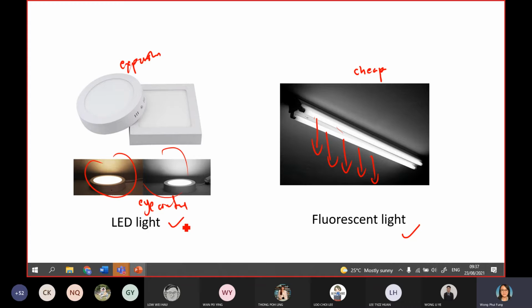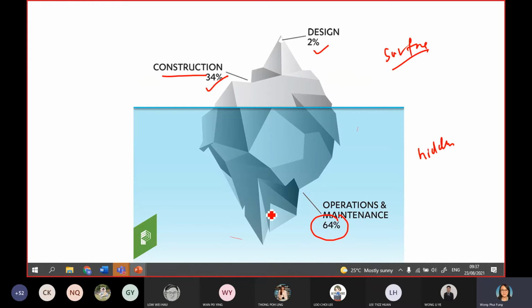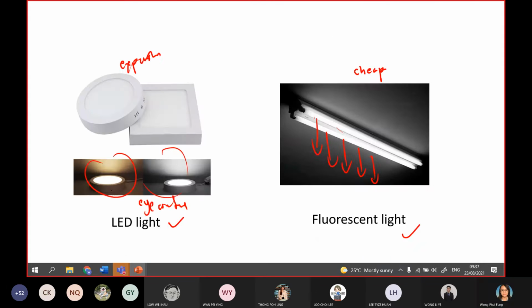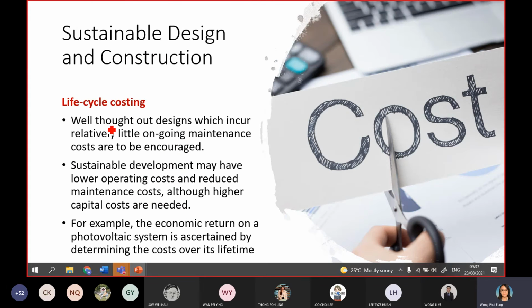So that's why, remember, when we talk about life cycle costing, always remember the underneath of the cost, the operating and maintenance cost is always cost larger than the surface cost. Okay? That's why well thought out design which incur relatively little ongoing maintenance costs are to be encouraged.